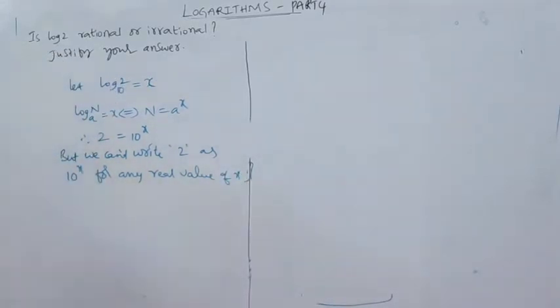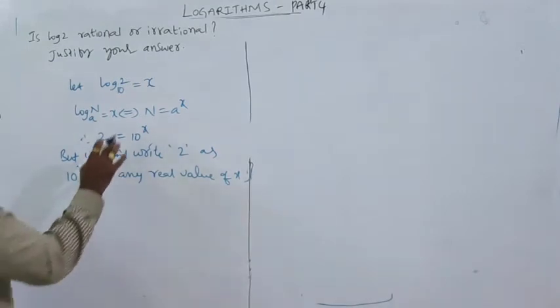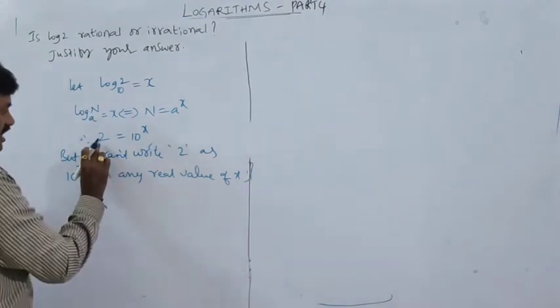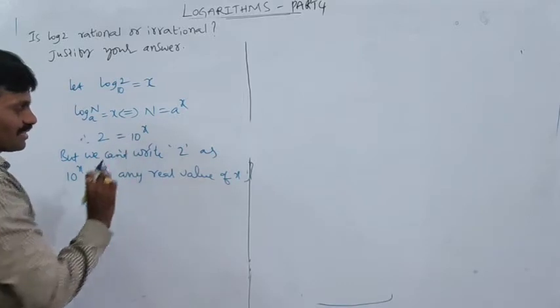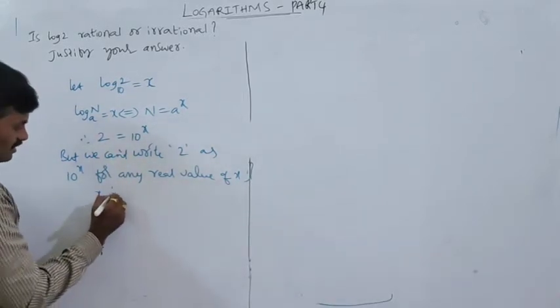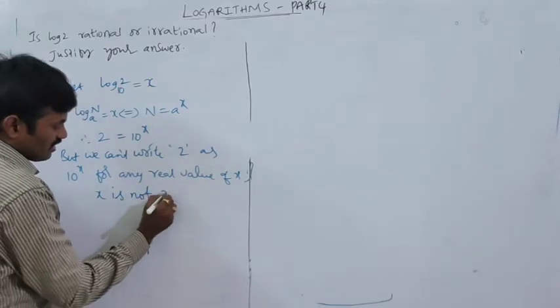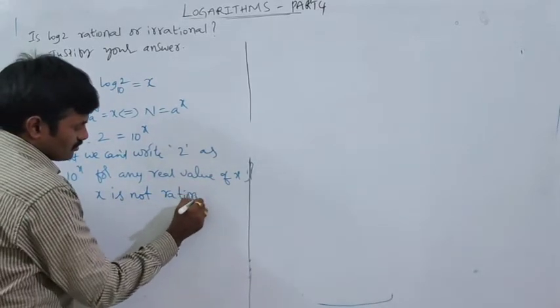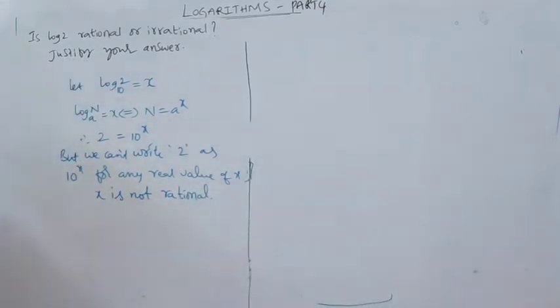So is log 2 rational or irrational? It is not rational. For any value of x we cannot write it, so we cannot express 2 as 10 to the power of x for any value of x. So x is not rational. Then what is x?